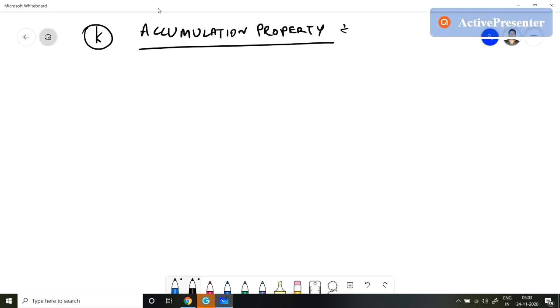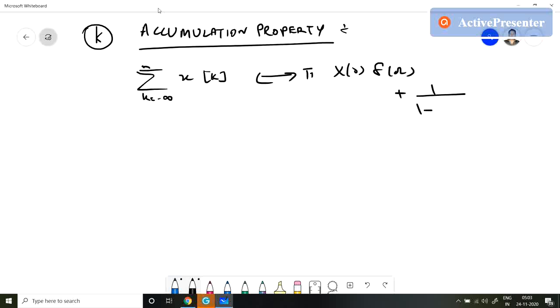If we consider the summation from k equals minus infinity to n of x[k], that is equal to pi X(0) into delta(ohm) plus 1 divided by 1 minus e raised to the power minus j ohm into X(ohm), with modulus of ohm over the range of pi.